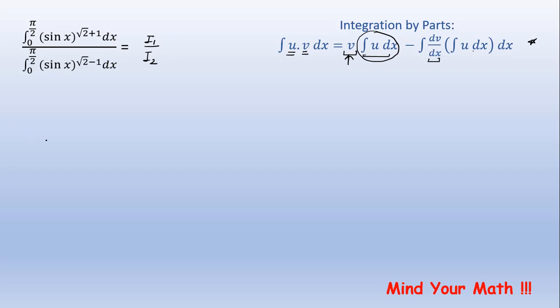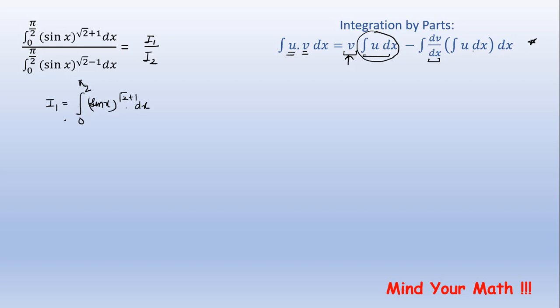So we can start with any of the integrals. Let's say I take I1, which is the integral from 0 to pi by 2 of sin x raised to root 2 plus 1 dx. This is the numerator integral, right?